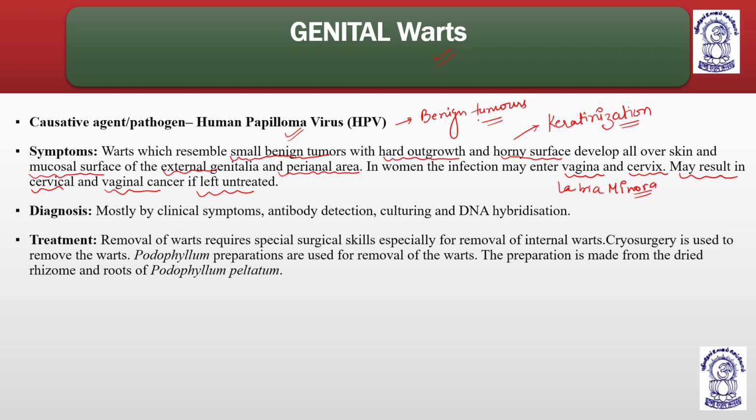If it is present in the genital area, then it will lead to genital warts. The word papilloma is given because of the outgrowth which is seen, like a cauliflower, having a rough surface, like this.